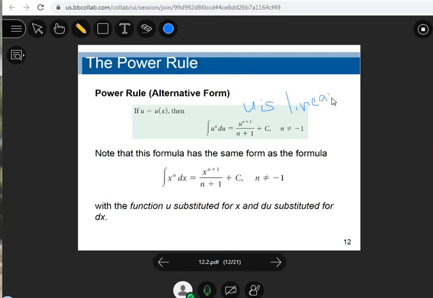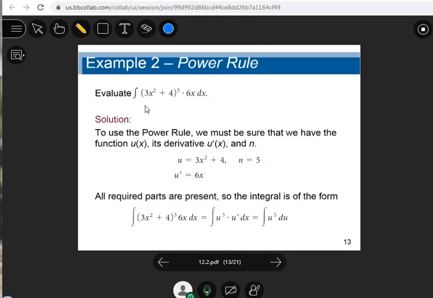You can use this formula directly, but the specialty here is that u must be linear. It means x plus 1 or 2x plus 3, like this. It can't be quadratic or cubic or any other higher order polynomial. It must definitely be linear, then you can use this given formula.